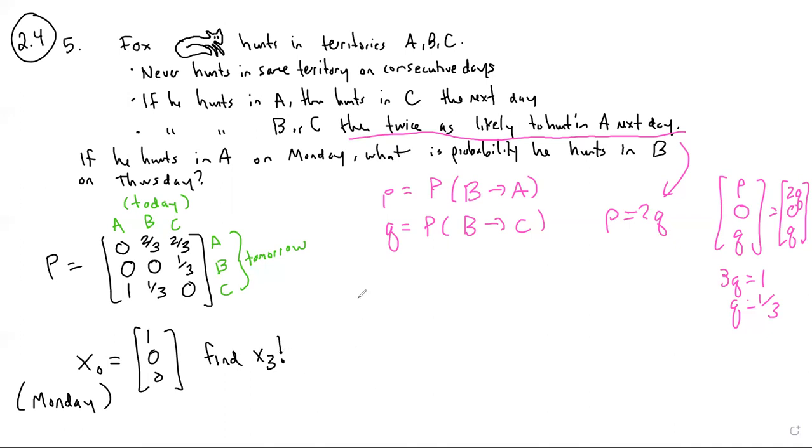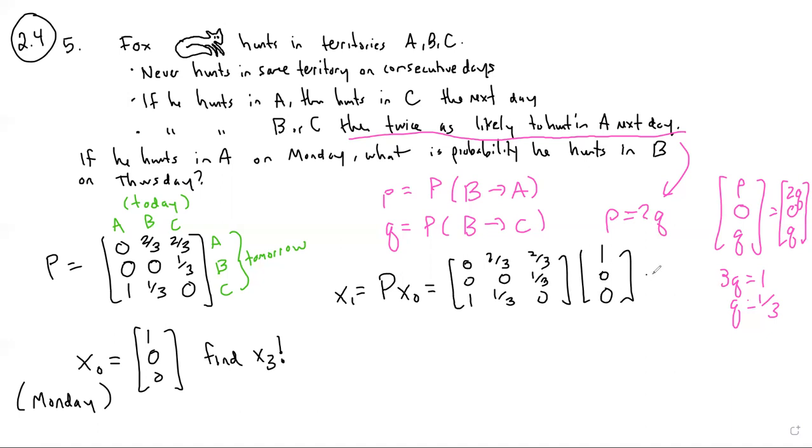I'd like to go ahead and find X1 first. X1 is going to be P times X0. We transition from the base day 0 to the first day: if Monday is 0, Tuesday is 1. So we do the whole matrix multiplication times 1, 0, 0. We kind of already knew this and could have done it without the calculation.